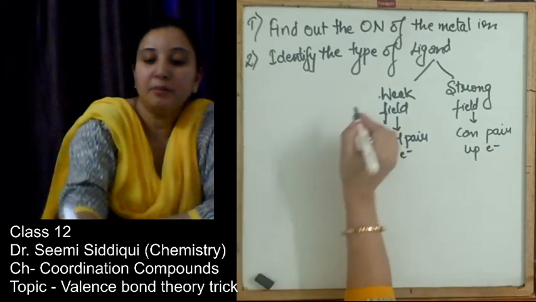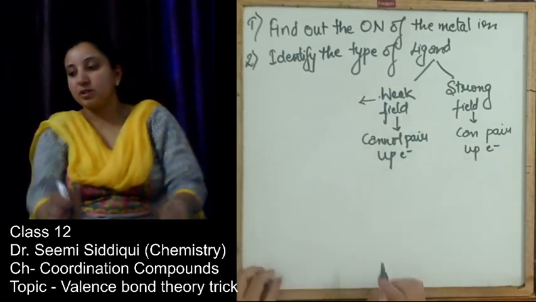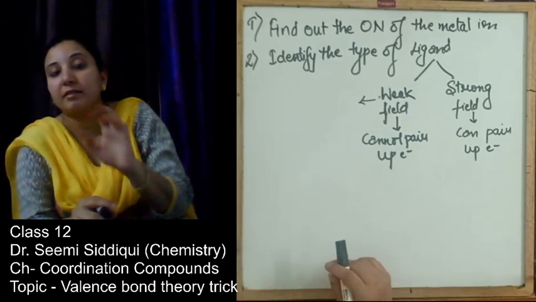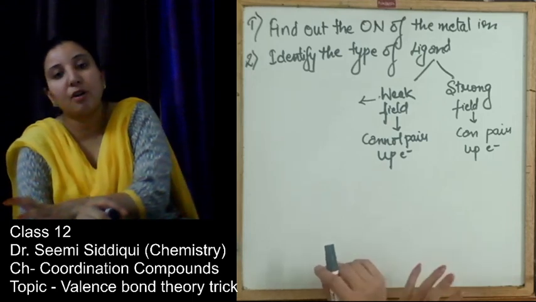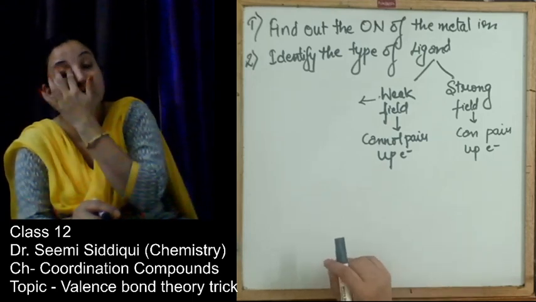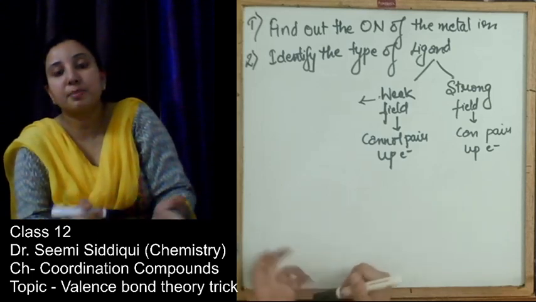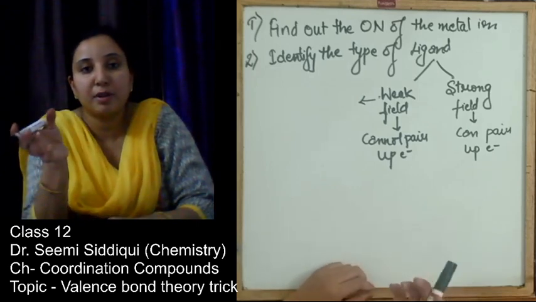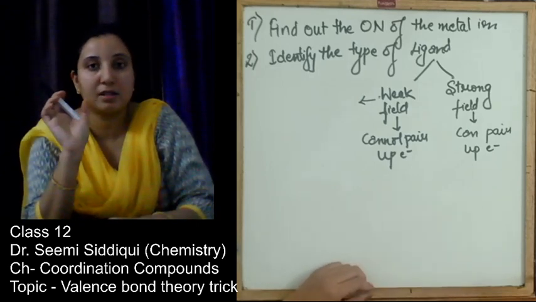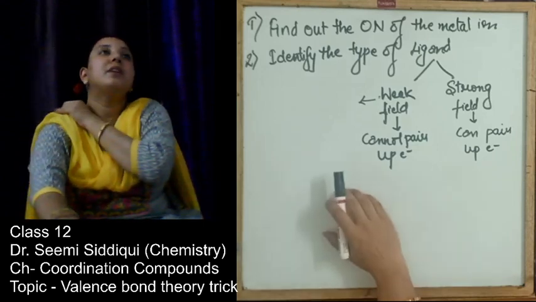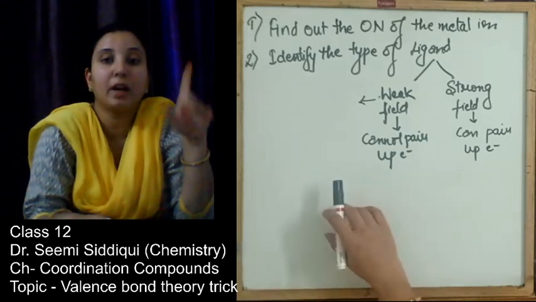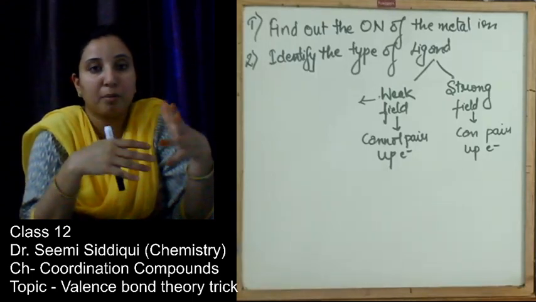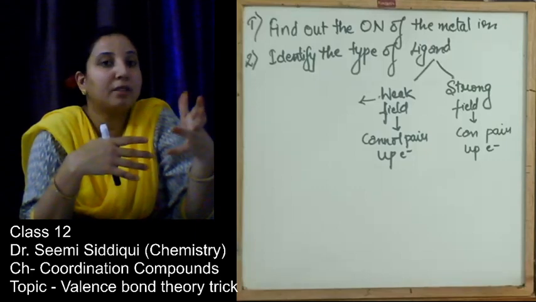Also keep in mind that a weak field ligand has very low splitting of the d orbitals of the metal ion present in the center of the complex. If you remember, we already did this in the d and f block elements, in the properties, where there is splitting of the orbitals.